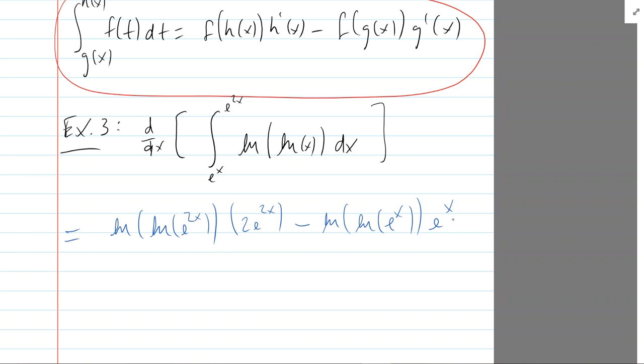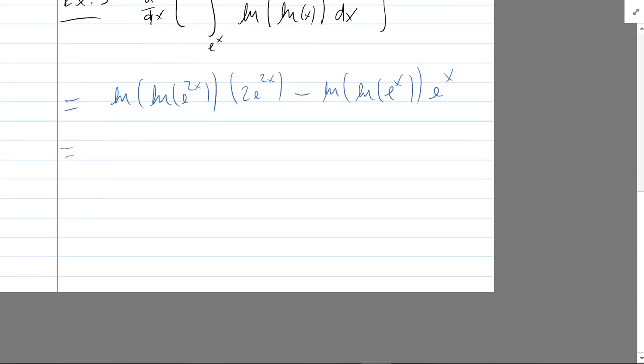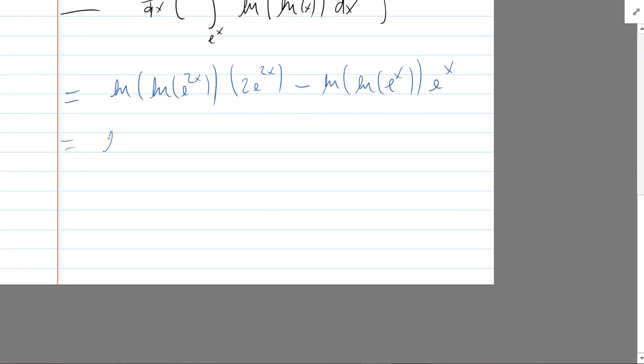Can we simplify that more? Sure we can, if we want to. But is that the big deal? So what's e to a natural log? Do they undo each other? So do I end up with natural log of e to the 2x just being 2x, times 2e to the 2x, minus natural log of e to the x being x, times e to the x?